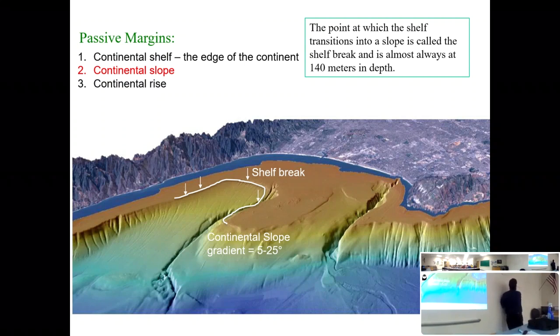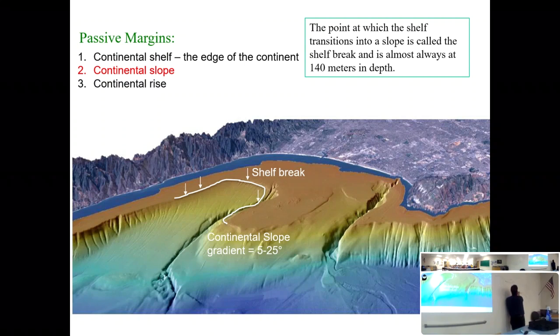Now notice that right here, at the base of the slope, there's kind of a slightly less steep hill. That's the rise. And what the rise is, I'm going to put a bunch of little dots right here.